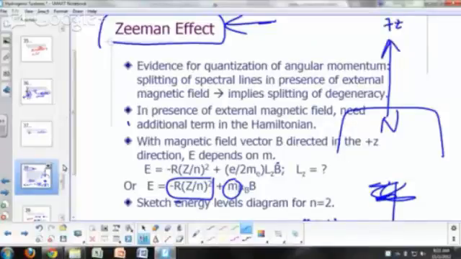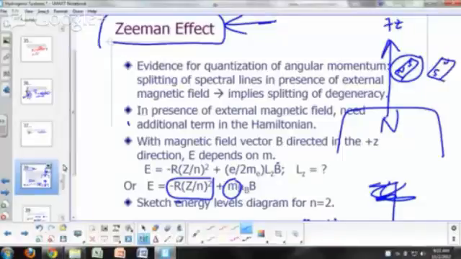If the magnetism from your electron is oriented this way, there's the north pole, the south pole, there's going to be a repulsion between the atom and the external magnet. This would make the atom have a higher potential energy as opposed to when the south pole is the one pointing towards the north pole.